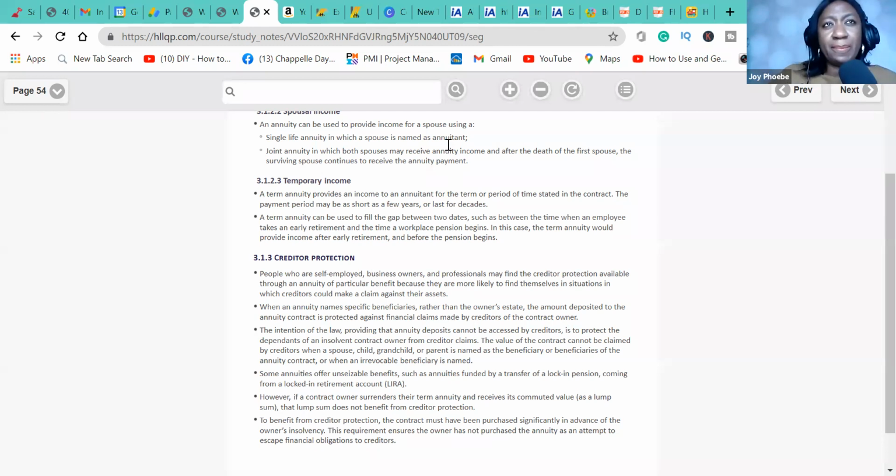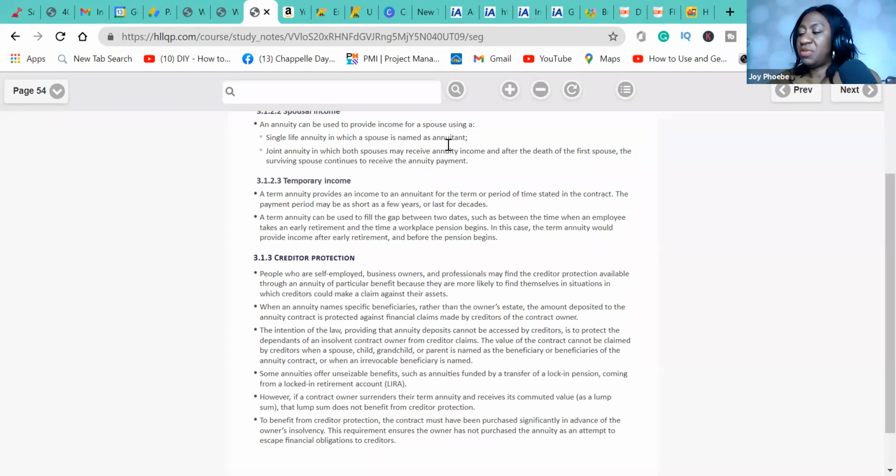For example, if retirement age is 65, let's say you take early retirement at 50, or you were laid off at 55, and they paid you some severance.